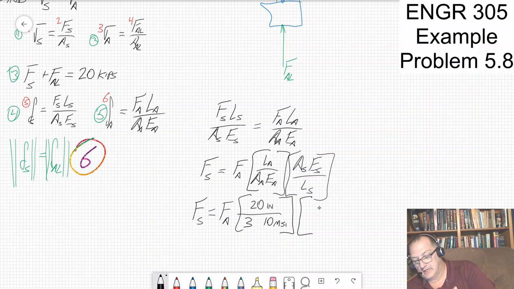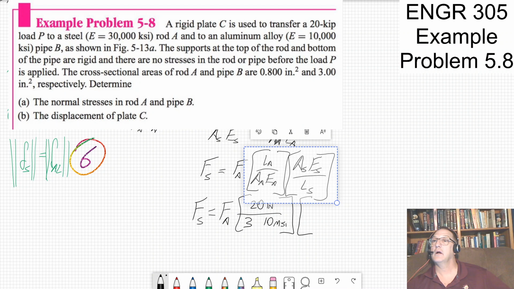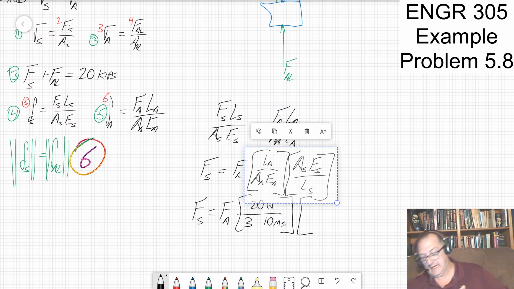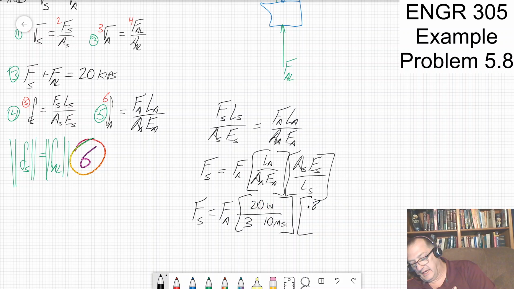The area of the steel was 0.8 inches squared. And then E for the steel is 30 MSI. And I'm going to divide that by the length of the steel, which was 10 inches.